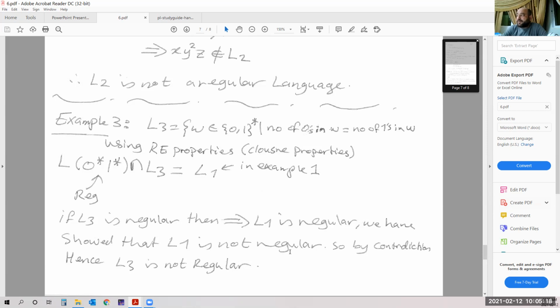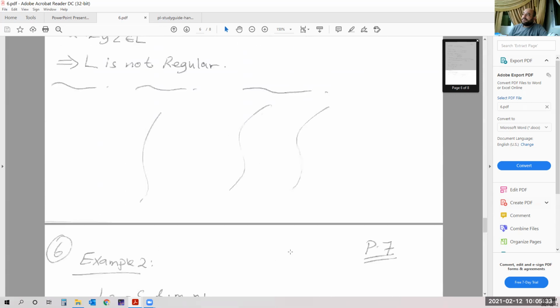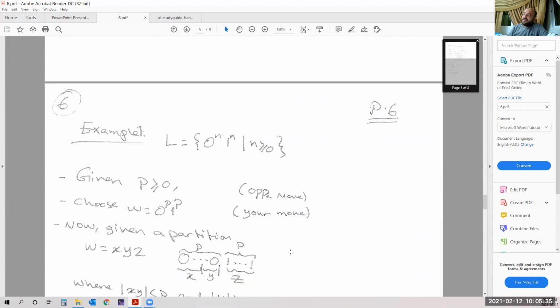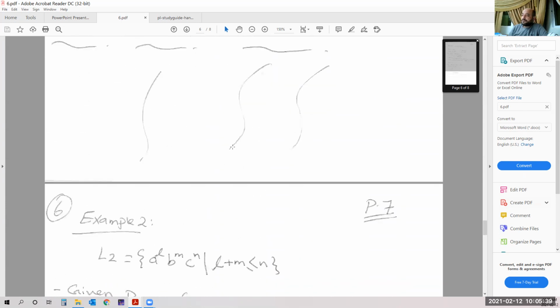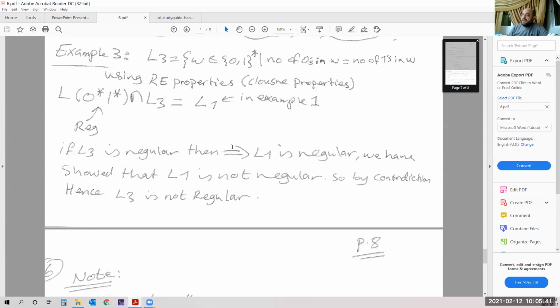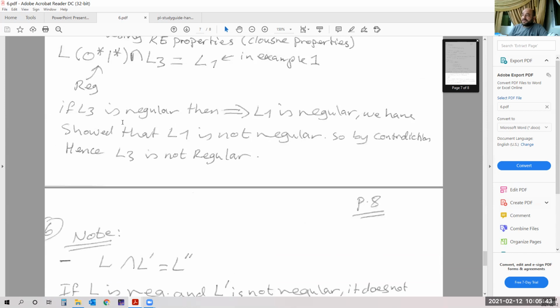Using the closure properties that we talked about before, if I take the language 0* 1* intersect L3, it should give me L1 in example 1. At the end we should get 0 to the power n and 1 to the power n. Using this property of regular languages, if L3 is regular, then L1 is regular.